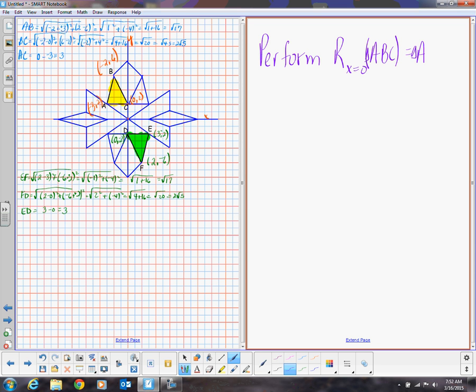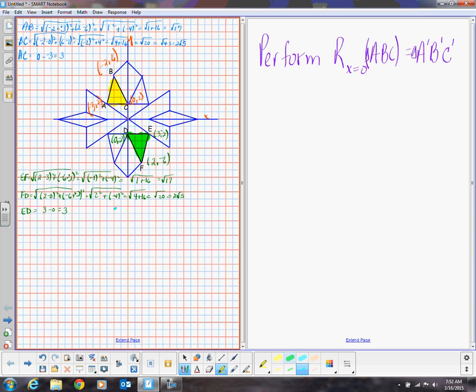That will give me triangle A prime, B prime, C prime. So what I've done is I have reflected the green, and I have now put it here.